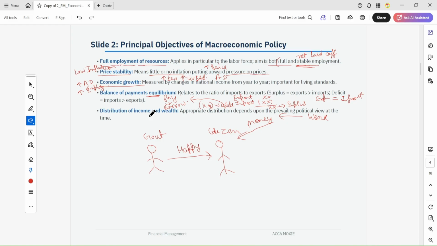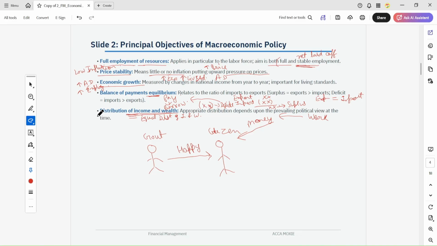Next is the distribution of income and wealth. The distribution of income and wealth should be equal. The government will try to manage that there is no big difference between rich and poor people.